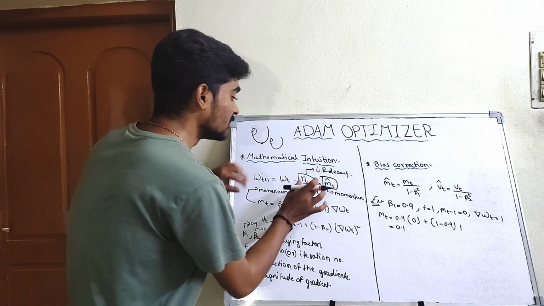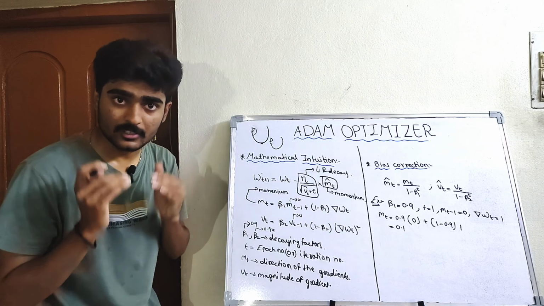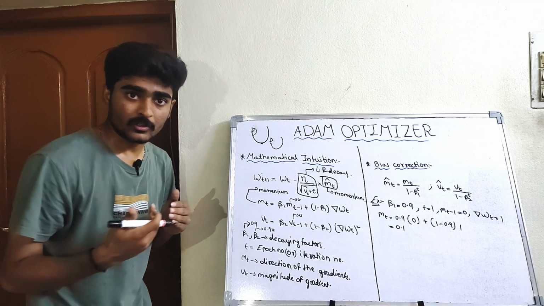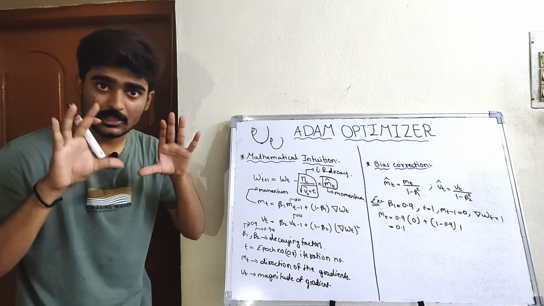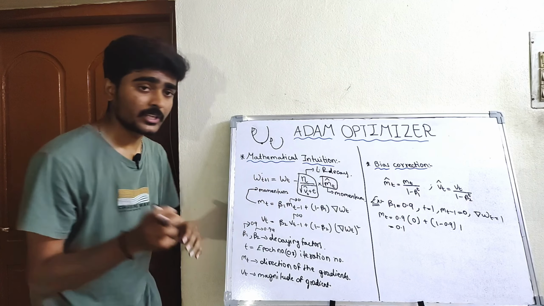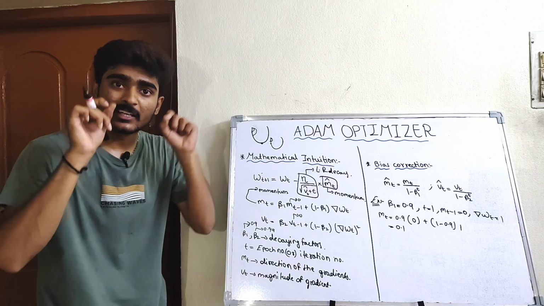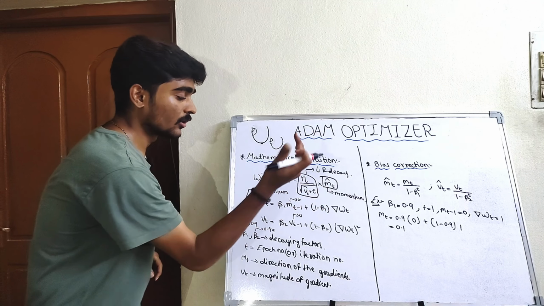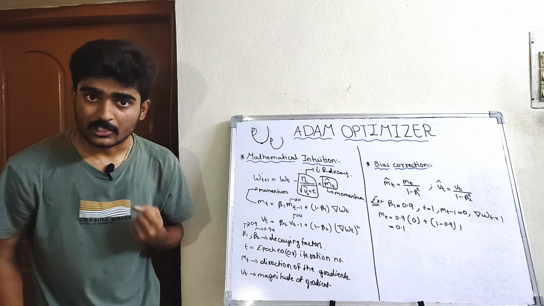Now when I subtract this smaller term from wt, wt plus 1 and wt will be nearly equal, as I'm subtracting some smaller value from it.